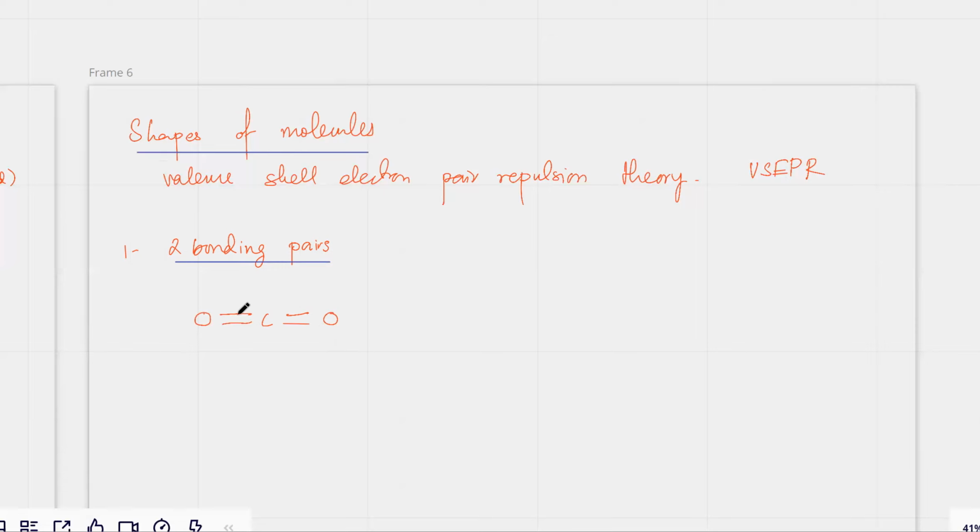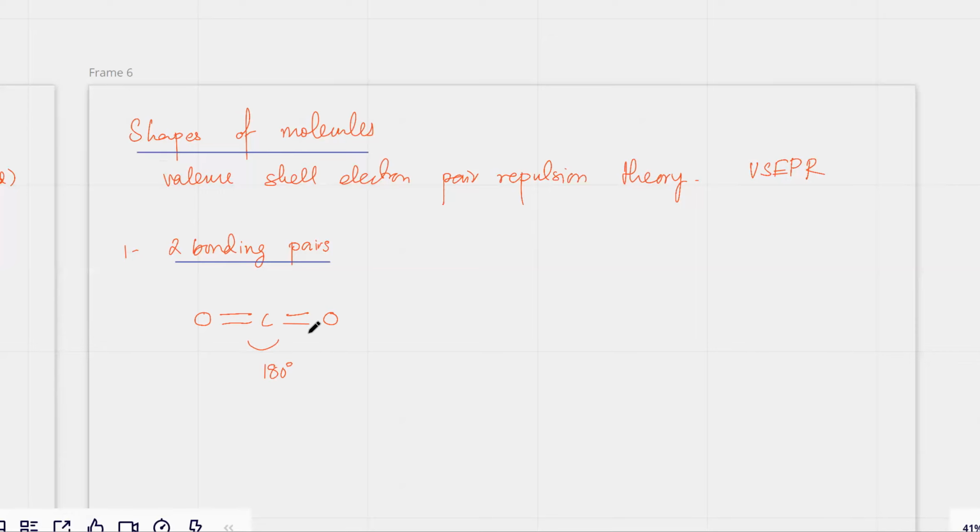So they're going to be as far away from each other as possible. Electrons over here repel electrons over here. So the only way that's possible is that the angle between them is going to be 180 degrees, and the molecule is going to be completely linear.